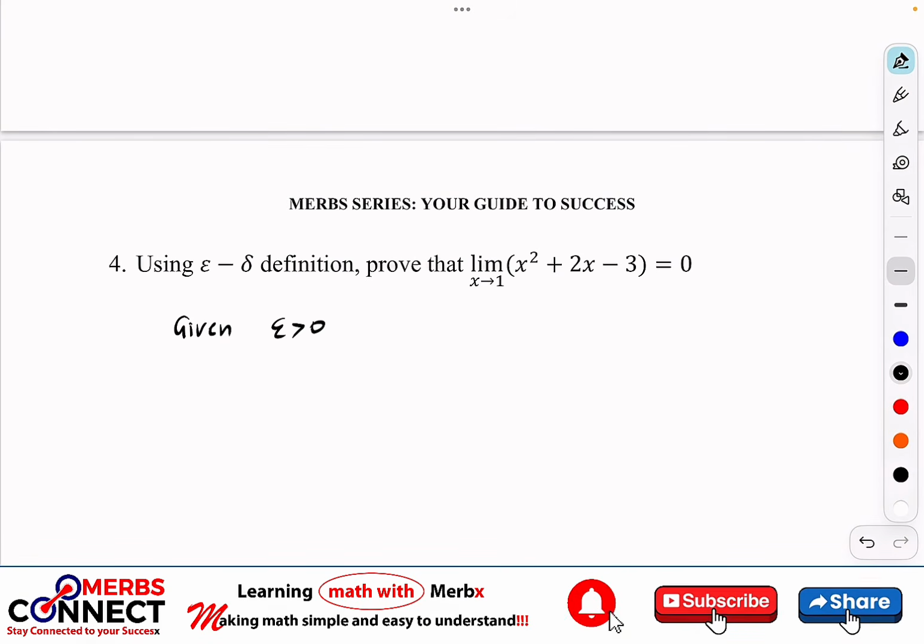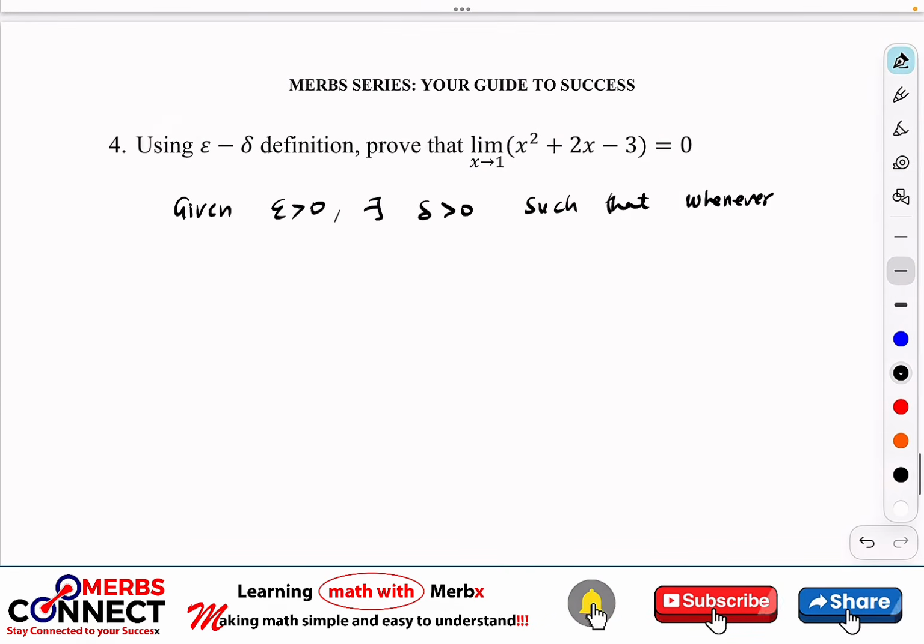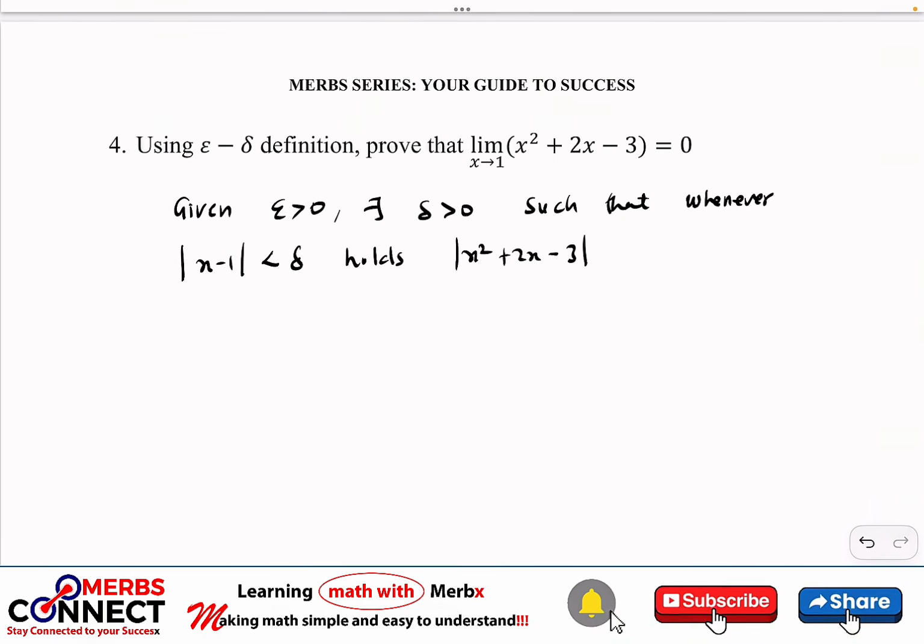Okay, all right. So this is going to be for every epsilon greater than 0, there is a delta greater than 0 such that whenever the absolute value of x minus 1 is less than delta holds, we have the absolute value of x squared plus 2x minus 3 less than epsilon.